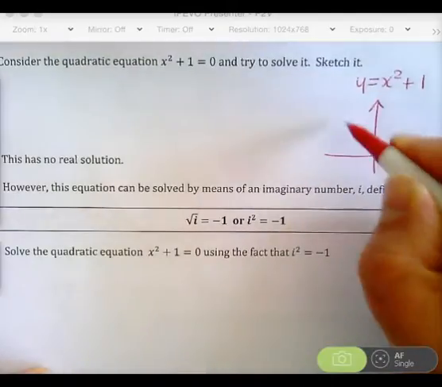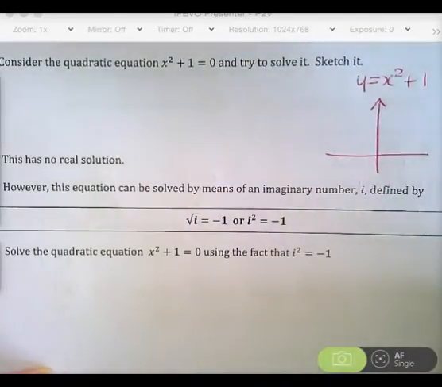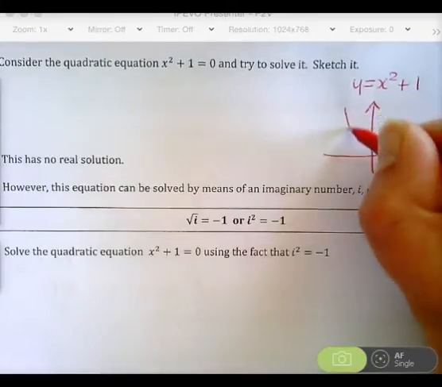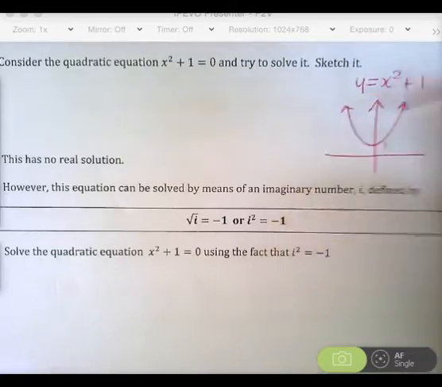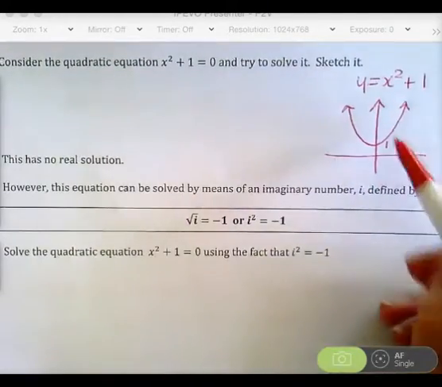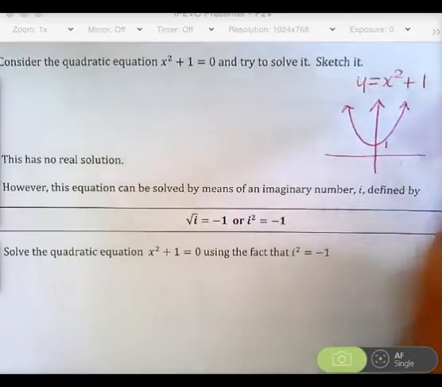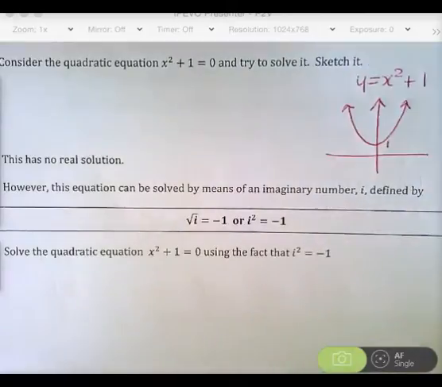Now, y equals x squared is a concave up parabola like that. y equals x squared plus 1 is just y equals x squared shifted up 1. So we know that this is y equals x squared plus 1. Can you see that that's got no real solutions? We can do it that way. We can sketch y equals x squared plus 1 by sketching y equals x squared down here and then shifting it up 1 unit.